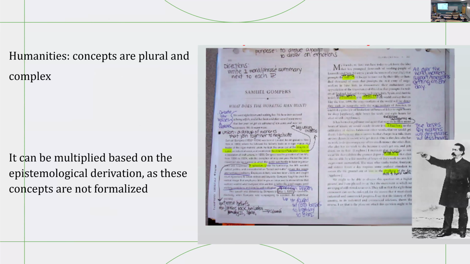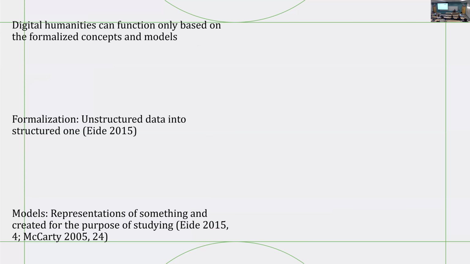In the humanities, we usually study documents by close reading, right? The concepts are very much plural and complex, so they can also be multiplied based on the information that we can cover by using additional resources.